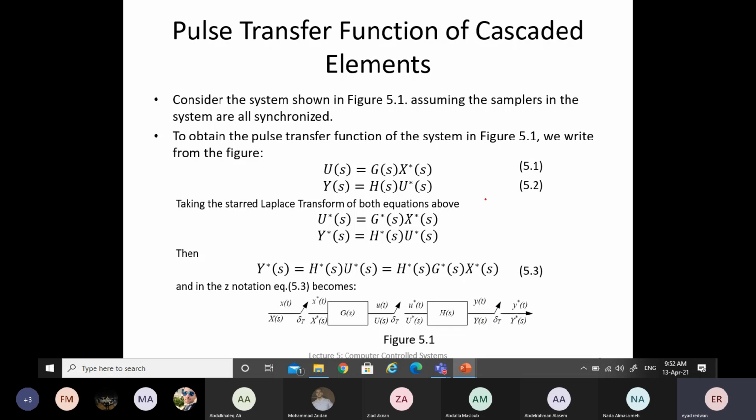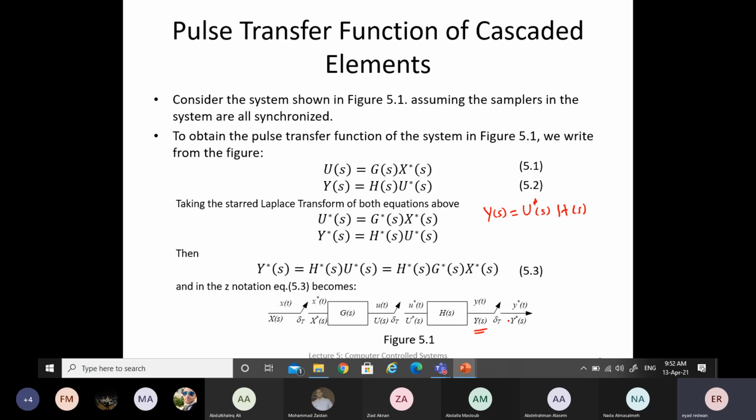So if I want to find the pulse transfer function for this system, I will write y of s, which is coming from the signal u star of s times h of s. U star means it is a sampled signal. So I get y of s equals u star of s h of s.